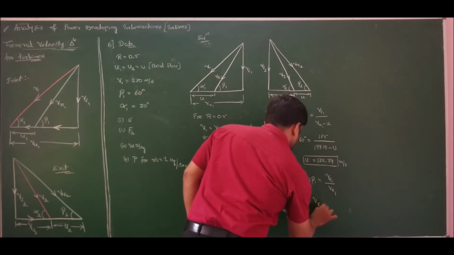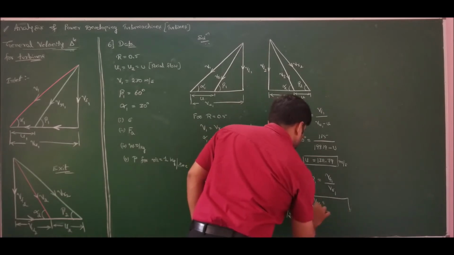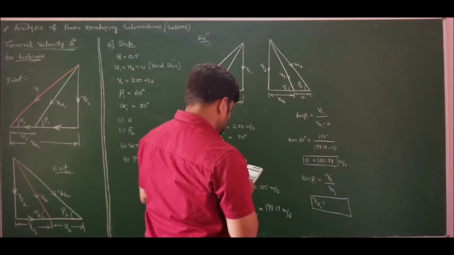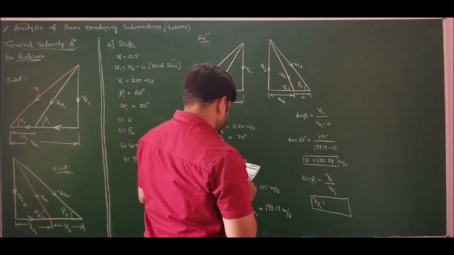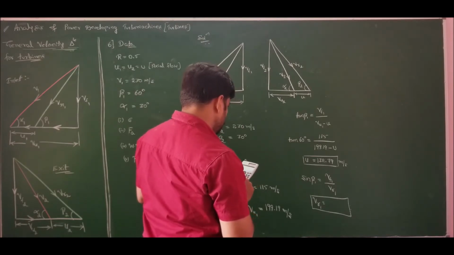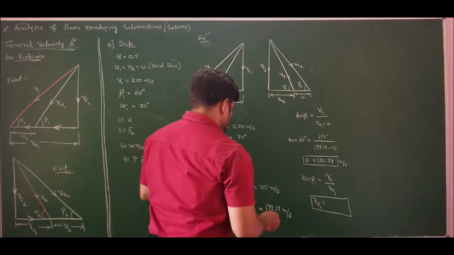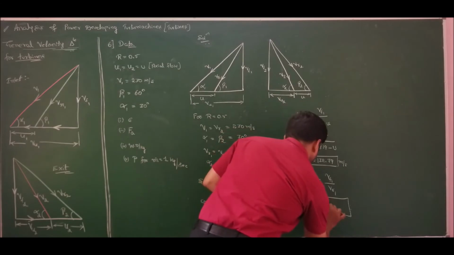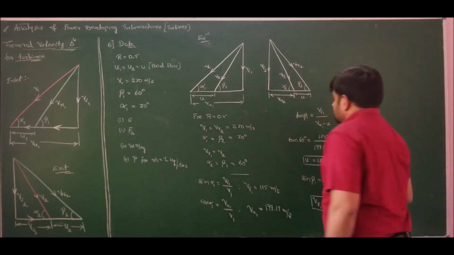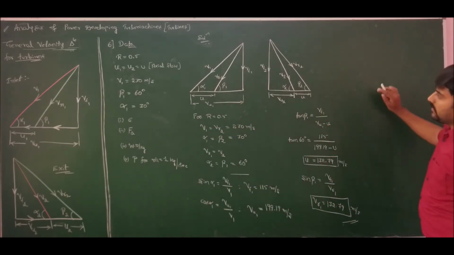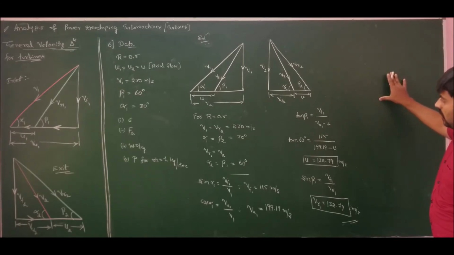Therefore, the value of VR1 is Vf1 by sin beta 1, which is 115 by sin of 60 degrees. VR1 is 132.79.